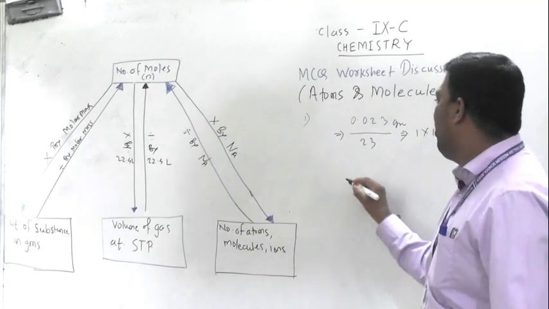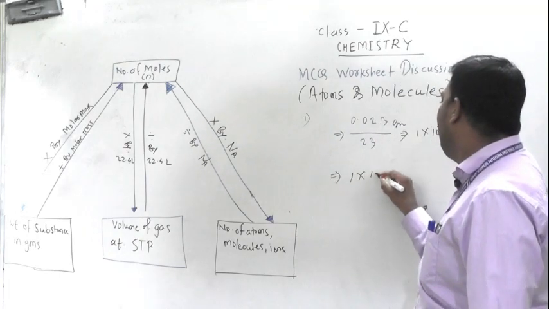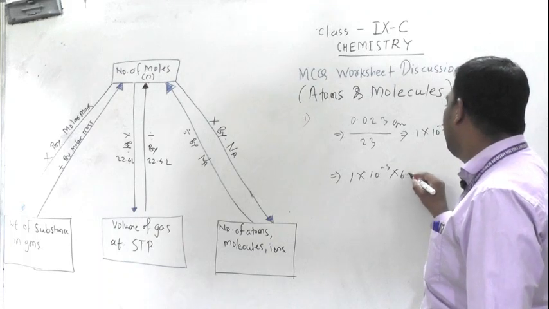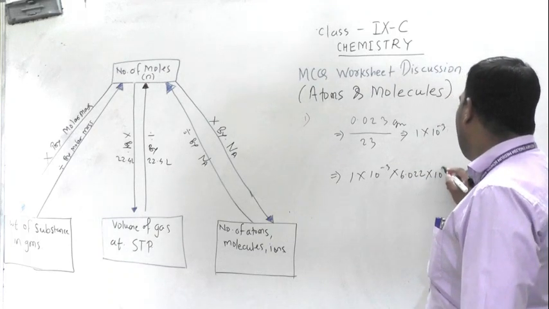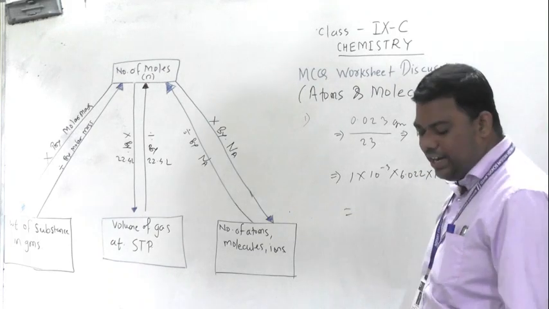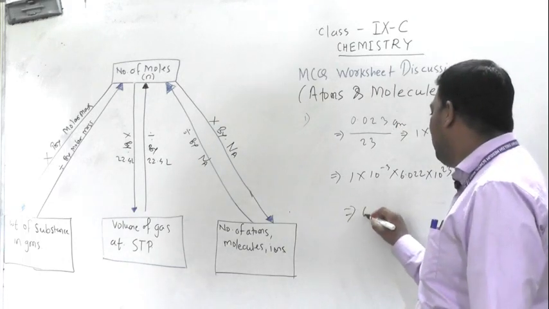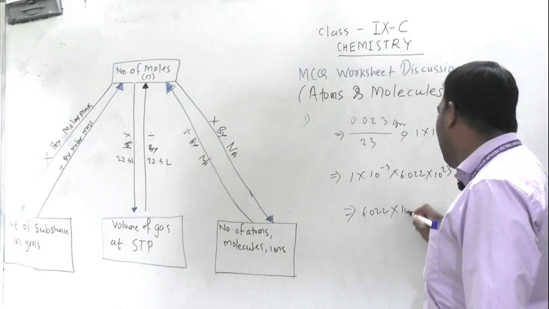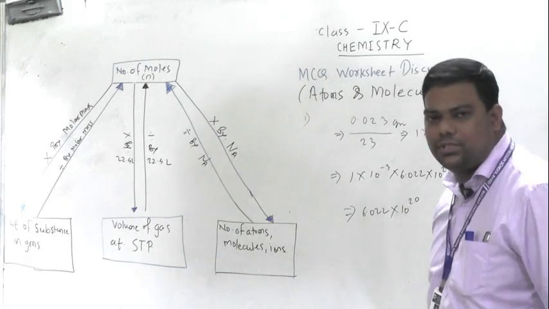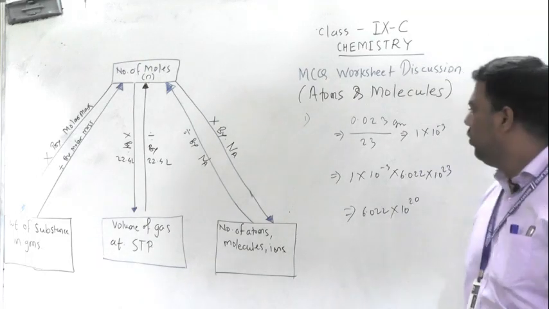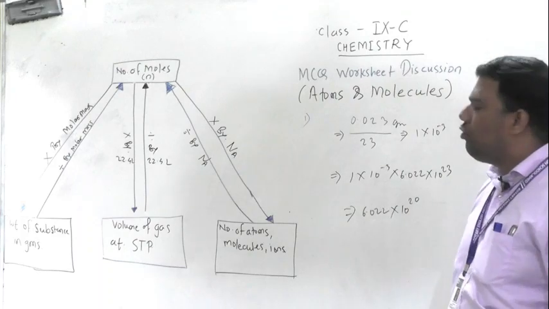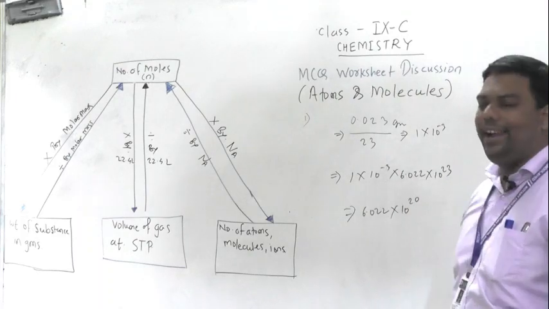Then multiply by Avogadro number: 1 into 10 raised to minus 3 into 6.022 into 10 raised to 23. You will get your answer, option A, 6.022 into 10 raised to 20 atoms. Understood? You have to do this calculation part.